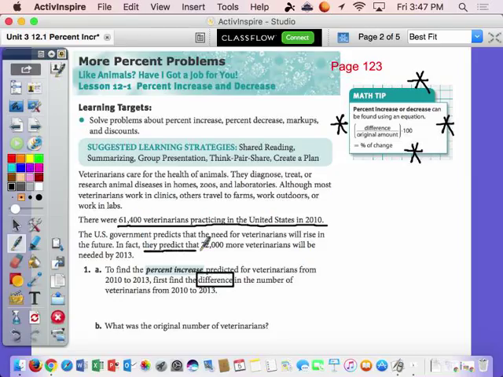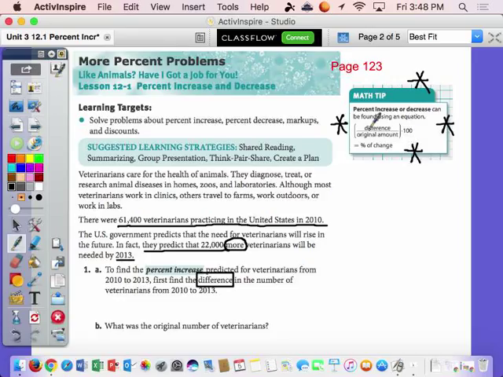It says that there needs to be 22,000 more by 2013. They want to know what that increase is. If we do the same thing we were just talking about, we can use this equation that people liked before break, or we can write it as a proportion.